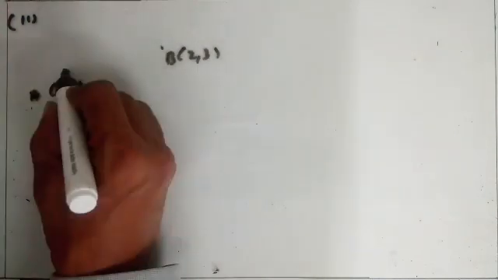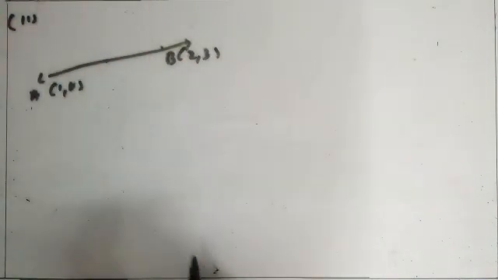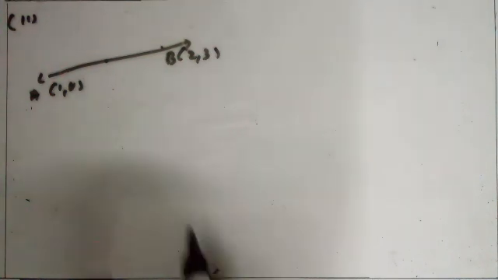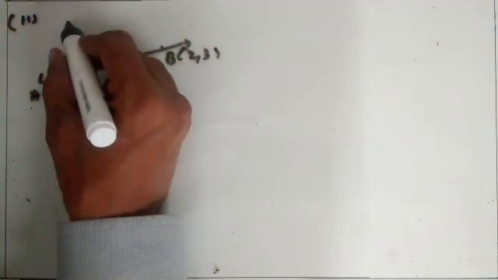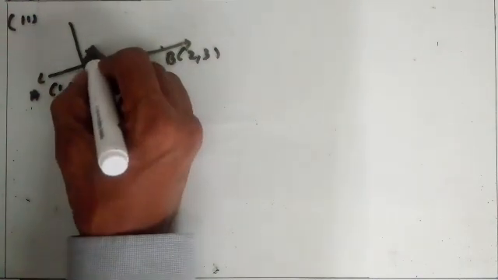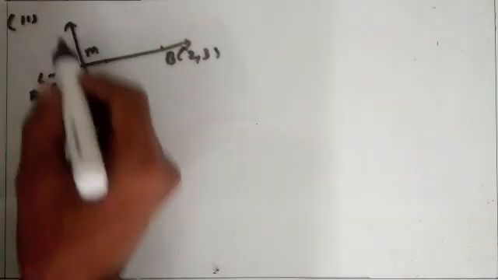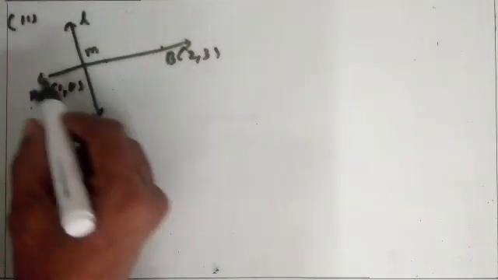So this is point A, this is point B, and the line is perpendicular to this line. Let M be the intersection of the required line L and AB.